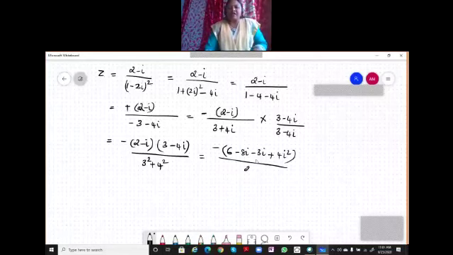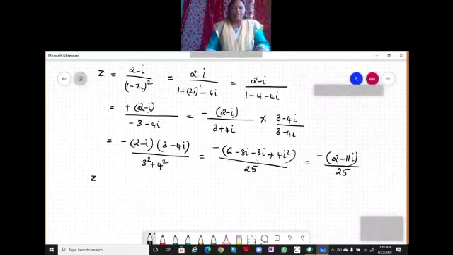So this is equal to minus of, what is 4i square, ma? Minus 4. 6 minus 4 is nothing but 2, minus 11i, divided by 25. So what we got is z is equal to minus 2 plus 11i divided by 25.